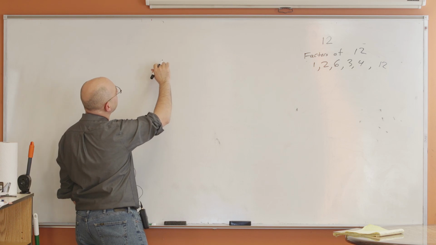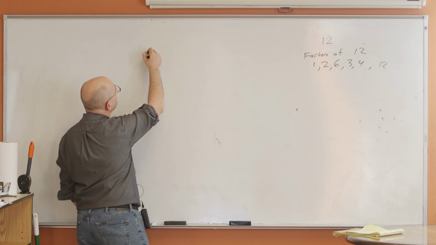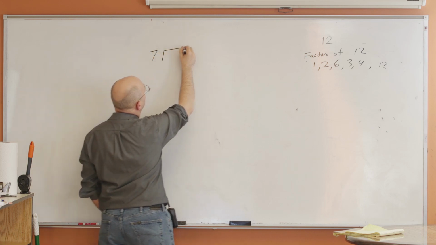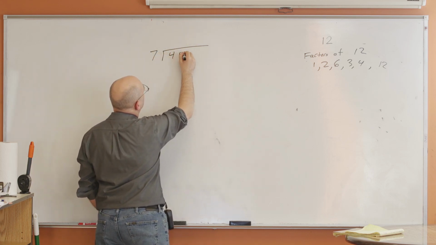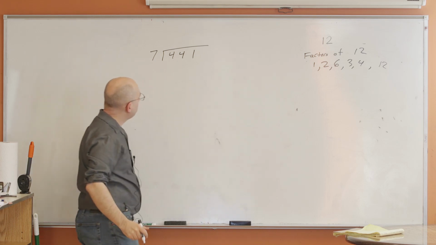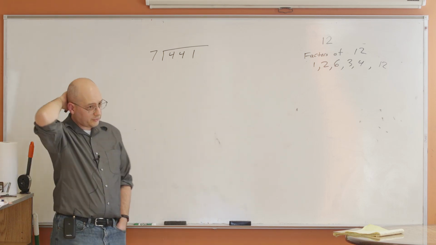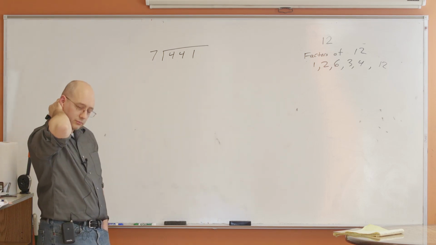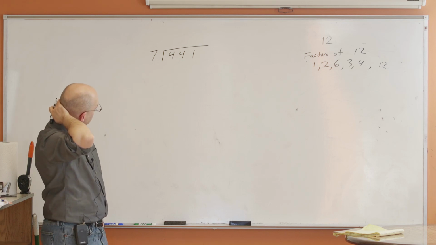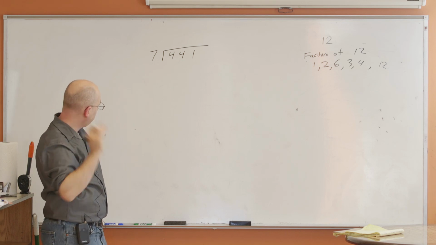Let's see. So first, 7 divided into 441. What does this mean?